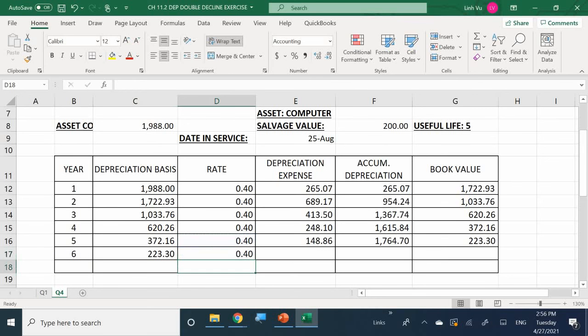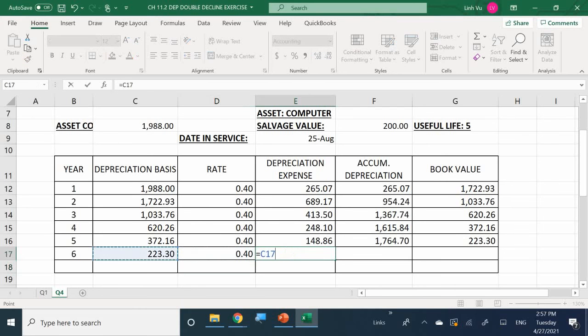And once again, my depreciation rate should be the same. 40%, right? 1 divided by 5 times 2. So what's my depreciation expense for this year? 89.32. Let me round that real quick, just so I don't get any weird numbers.